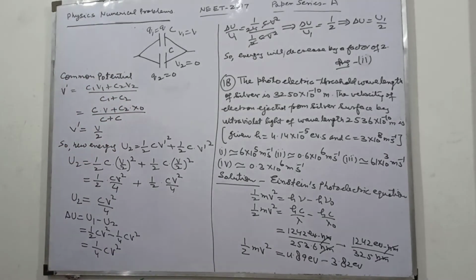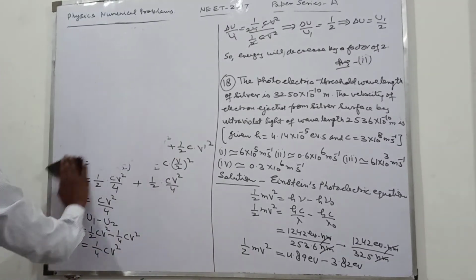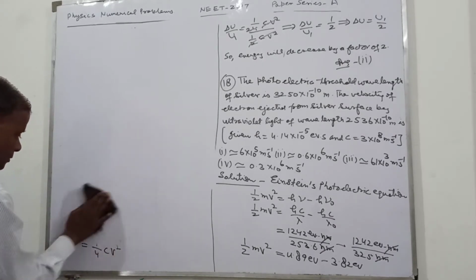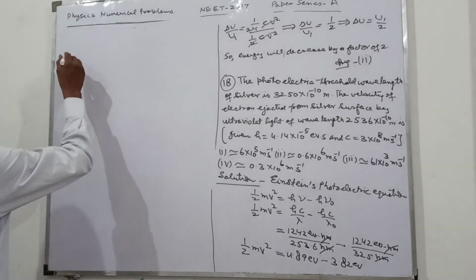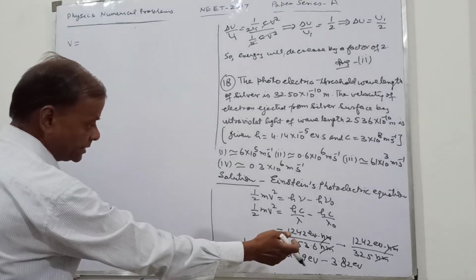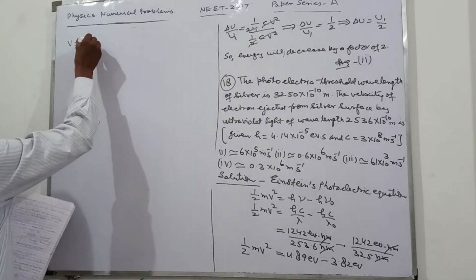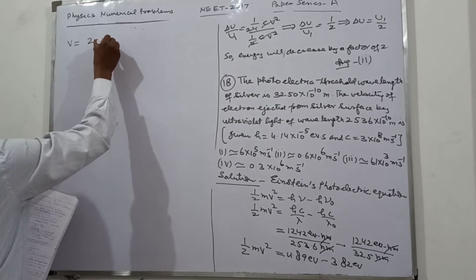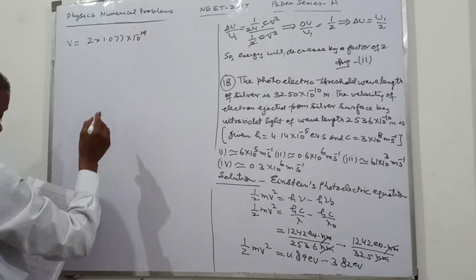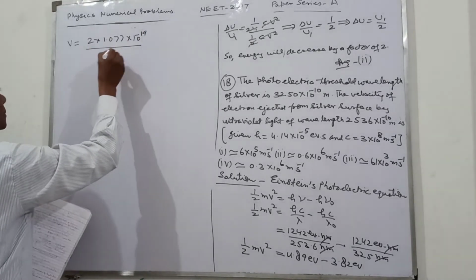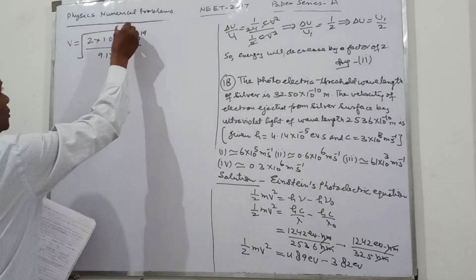So now you find it. Now in this you have to find the value of V. So V equal to, on subtracting, the value comes to 1.077. This is now your square root of 2 into 1.077 into 10 raised to the power minus 19 upon 9.1 into 10 raised to the power minus 31.